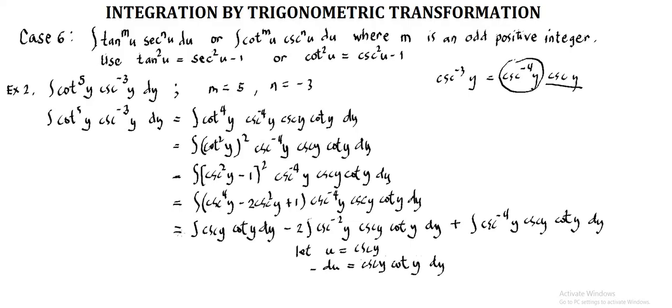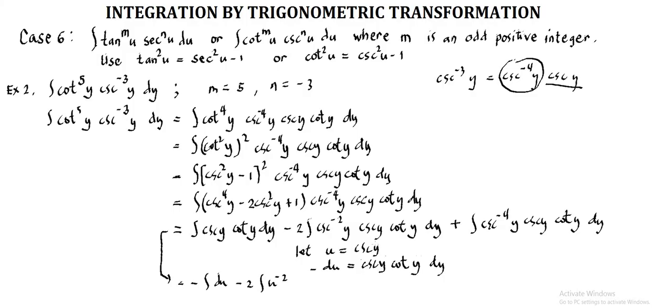Okay? Tapos nun, itong ating mga integral, susulat na natin in terms of u. So, meron tayong integral sign. Yung cosecant y, cotangent y dy, you see it is equal to negative du. Negative du. And then minus 2, tapos meron tayong integral sign, and then cosecant of y, but we let that equal to u, raised to negative 2.